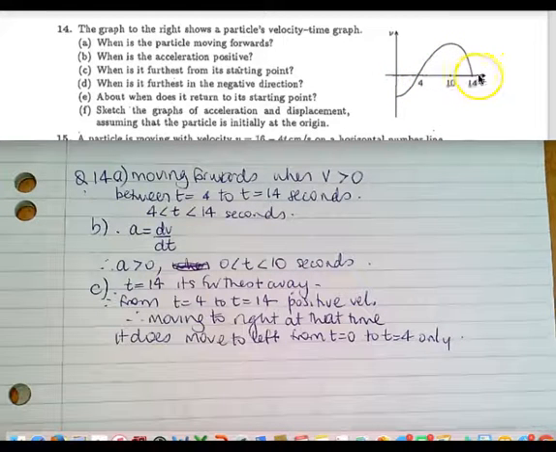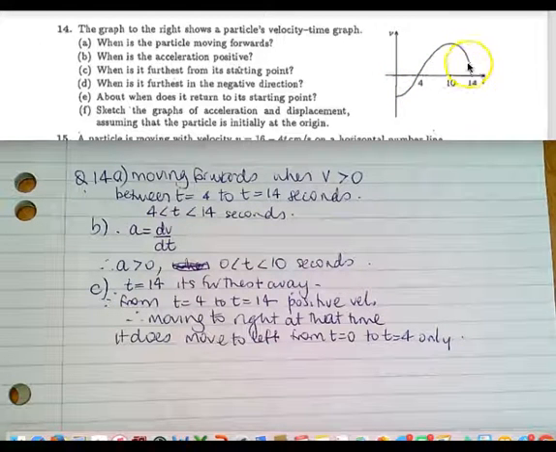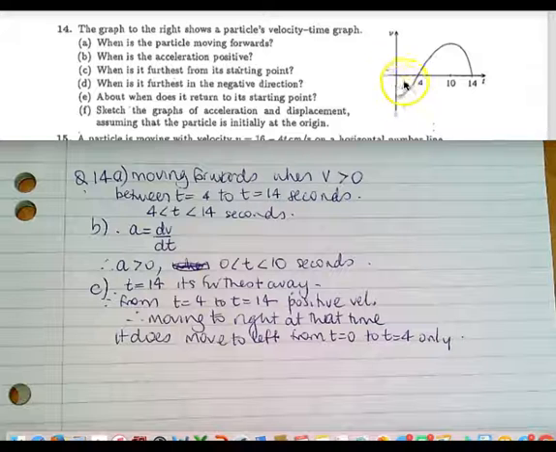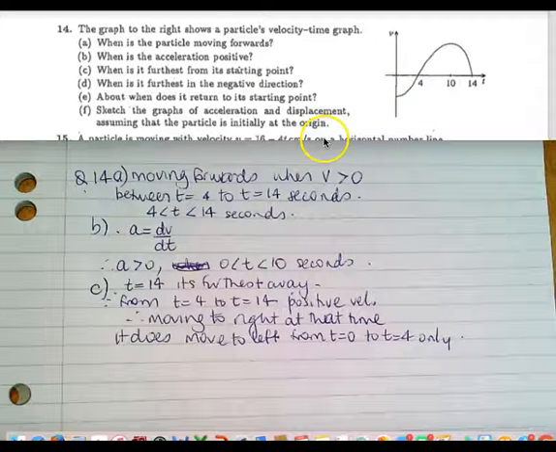So you'll be at a position further away from the origin at time equals 14, because you've got a bigger displacement under here compared to this displacement here in the negative direction, okay?